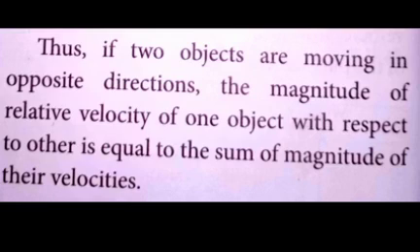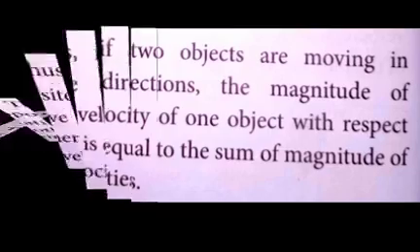The formula is VAB vector equals VA vector plus VB vector. Likewise, VBA vector equals minus of VA vector plus VB vector. So the sum of the two vectors gives the relative velocity.